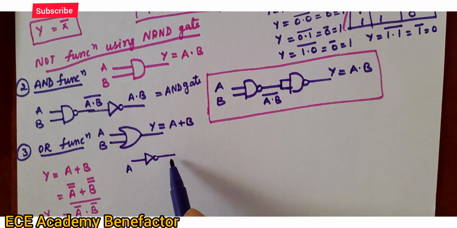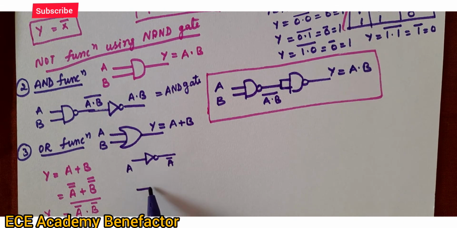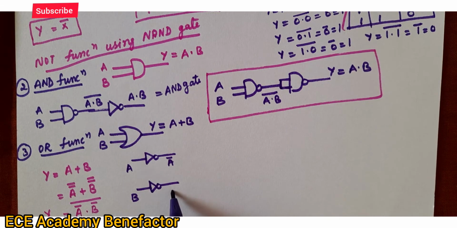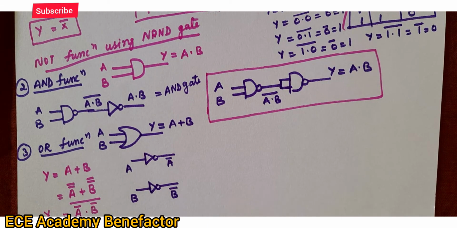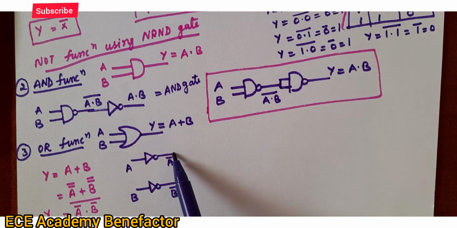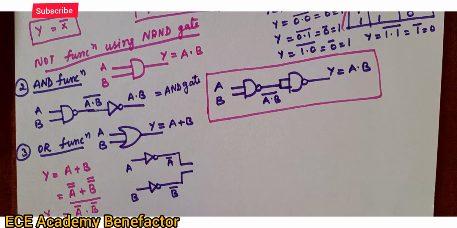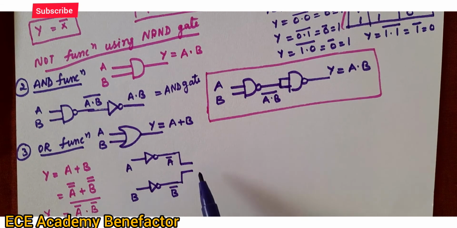By giving A, we will get A bar. How can we get B bar? By using another NOT gate. If input is B, the output of NOT gate will be B bar. Now what we have to do to this A bar, B bar? We have to give it to a NAND gate. A bar, B bar is given to a NAND gate.